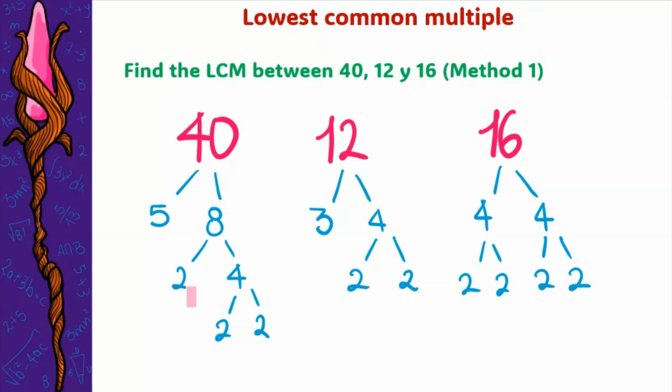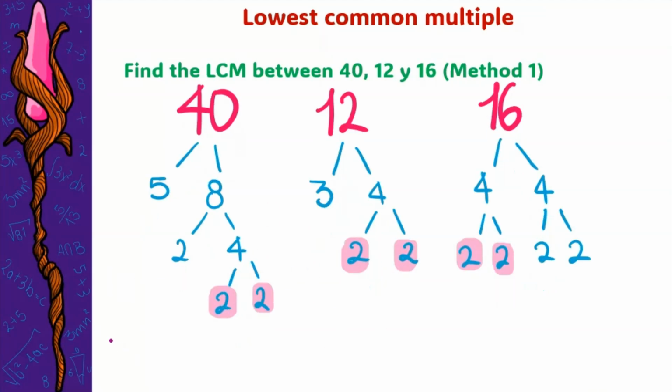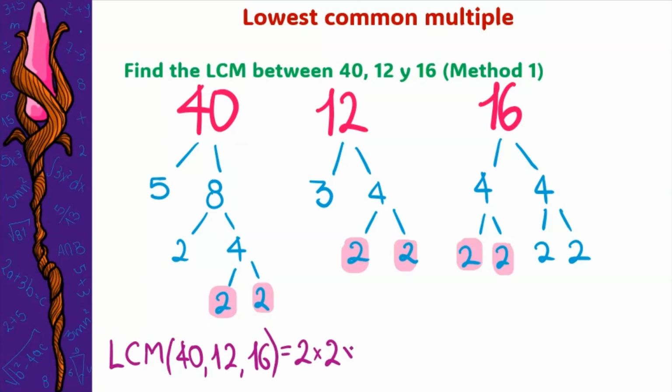Let's see which ones are repeated. 2, 2, 2, 2, 2, 2. And the rest of them, they are all different. So we are going to say the lowest common multiple of 40, 12, and 16 is 2 times 2, which is the repeated ones.